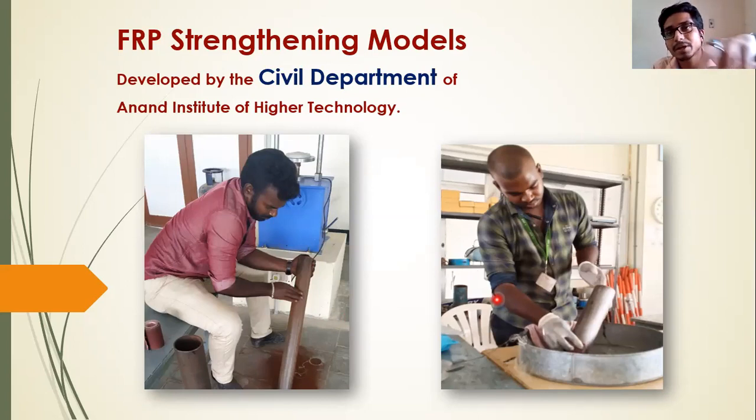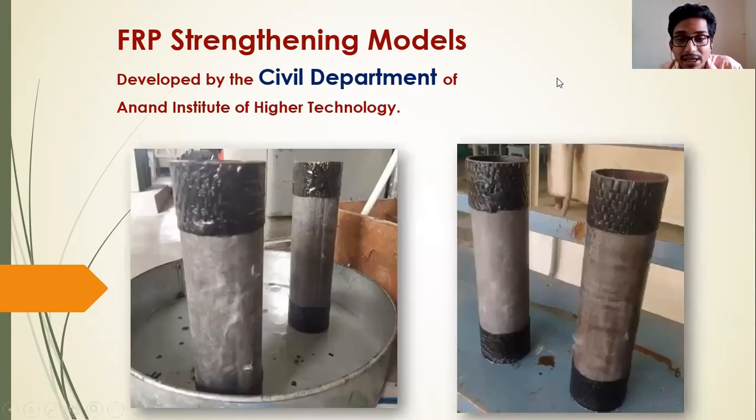We have to make a proper mixture of hardener with the resin in the proper proportion for good polymerization and a good bond as well. You can see how the students of the Department of Civil Engineering of Anand Institute of Higher Technology performed this activity very nicely, and they came up with a very good surface preparation before applying the FRP. In the next slide you can see how it looks after applying.